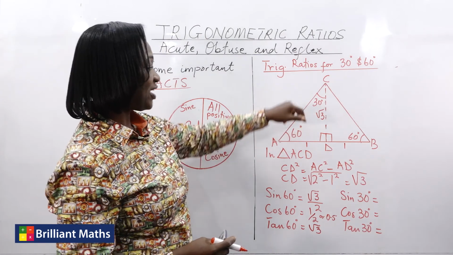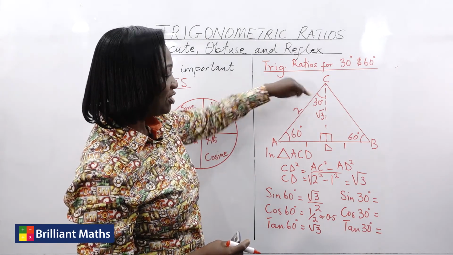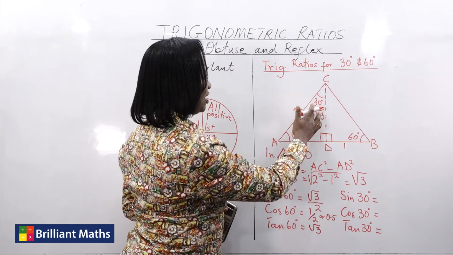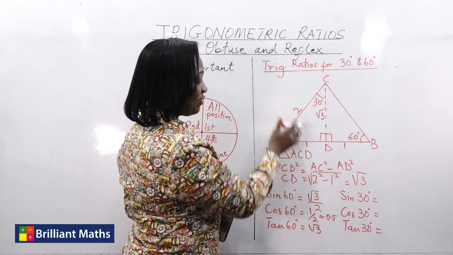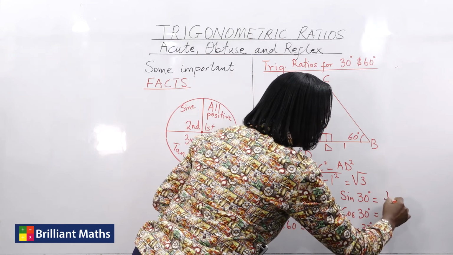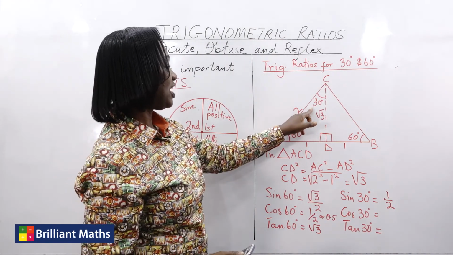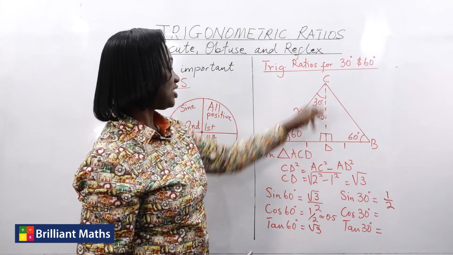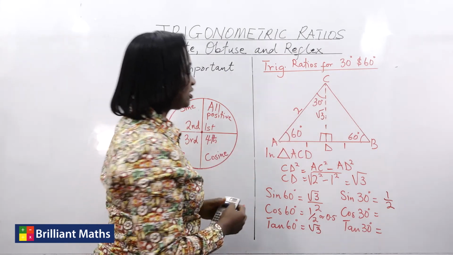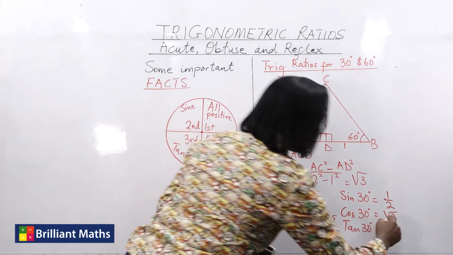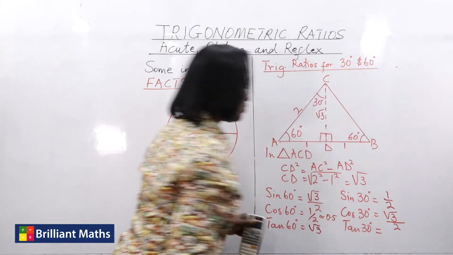So now let's find the sine, cosine, and tangent of 30 degrees. Sine 30 degrees is equal to opposite over hypotenuse. So sine 30 is half. Cos 30 degrees is adjacent over hypotenuse, which is root 3 over 2.